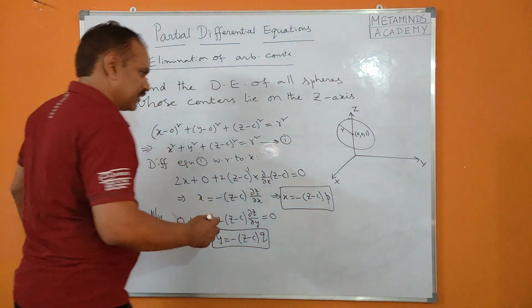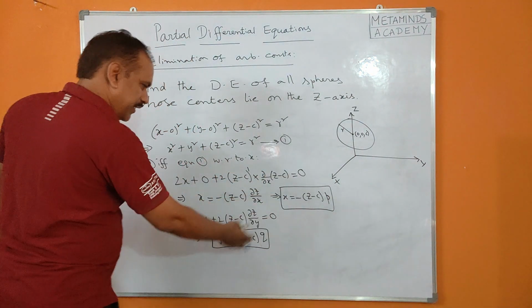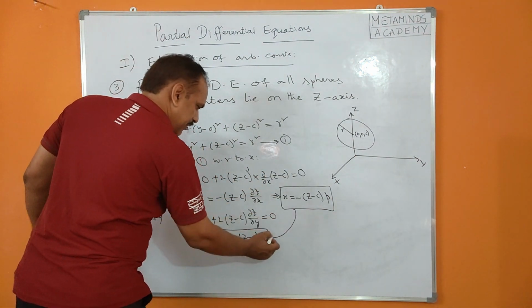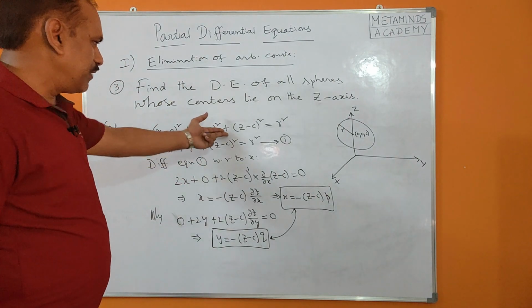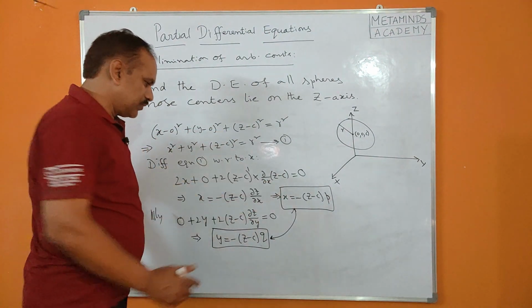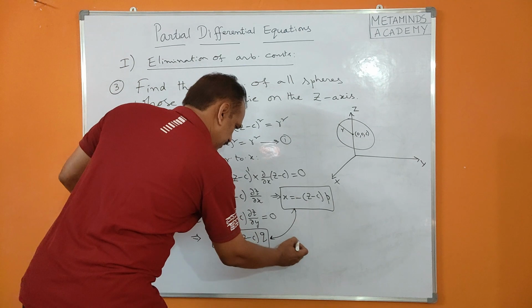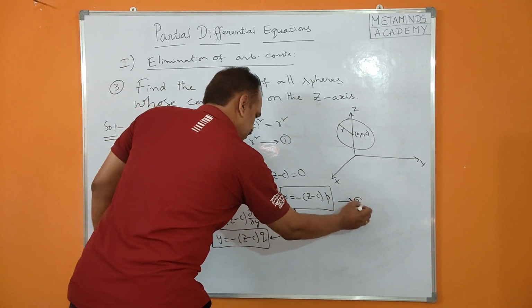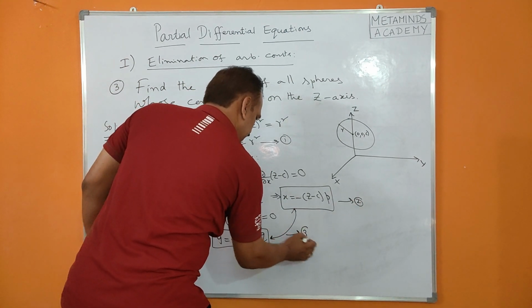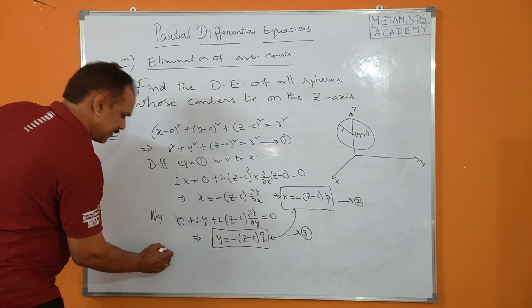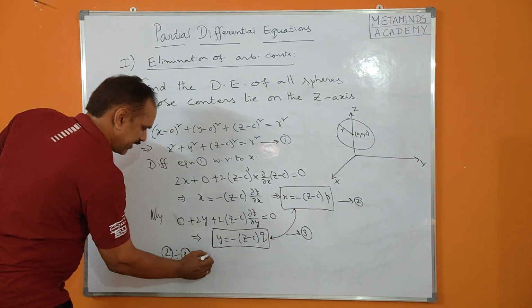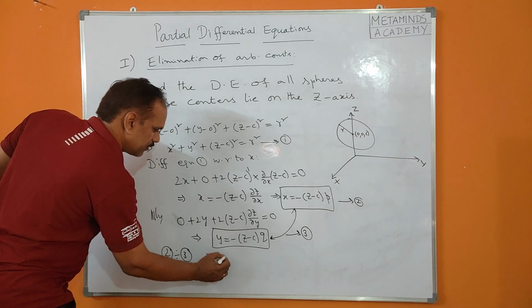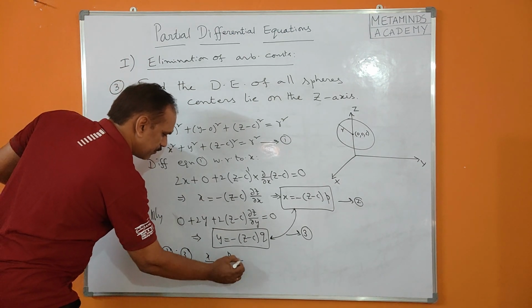So that is how c and r are the arbitrary constants in this problem. r square is already eliminated. If you can eliminate c from these two equations, you need not take help of the other. You divide equation 2 by equation 3, which gives x by y equal to p by q.